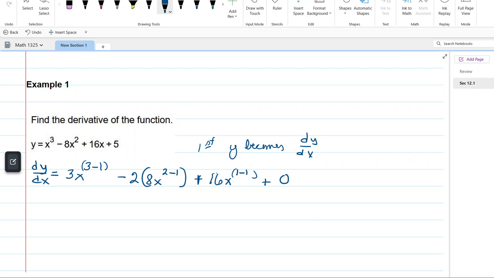Recall that any nonzero number to the power of 0 is 1. Now simplify: dy/dx equals 3x squared minus 16x plus 16.